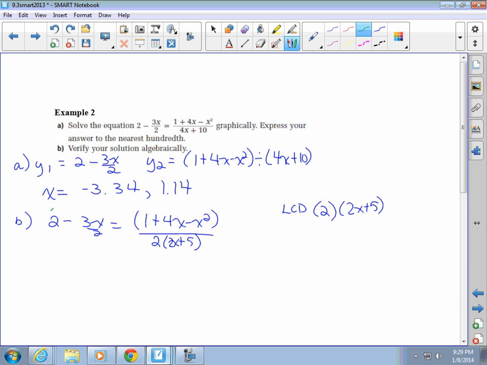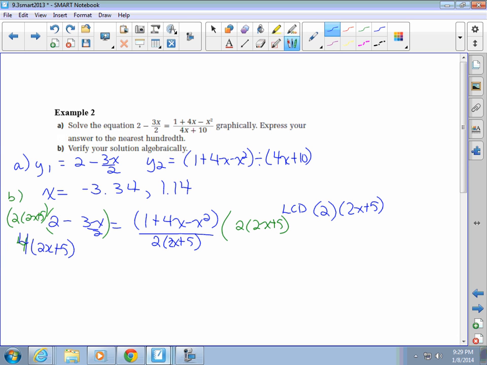So I'm going to multiply this side of my equation and this side of my equation by 2 times 2x plus 5. So if I multiply each term, 2 times 2x plus 5 times 2, so that's 4 times 2x plus 5.